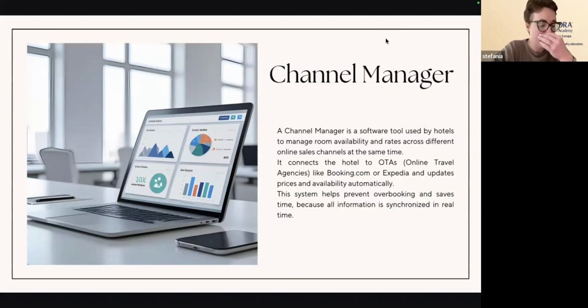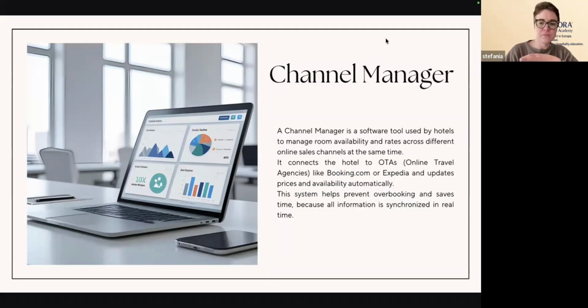So the hotel is only putting the rates for the rooms, but for example, the availability is automatically synchronized to the channel manager, and the channel manager synchronizes availability with every OTA. So everything is quite automatic.